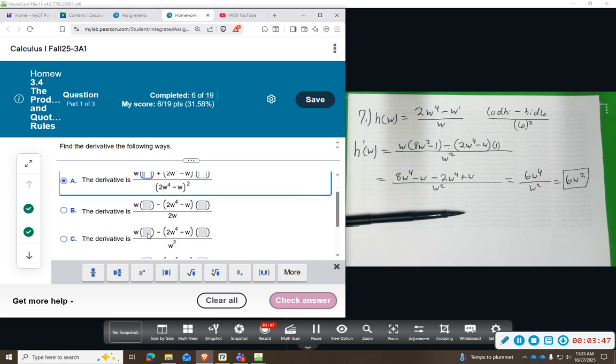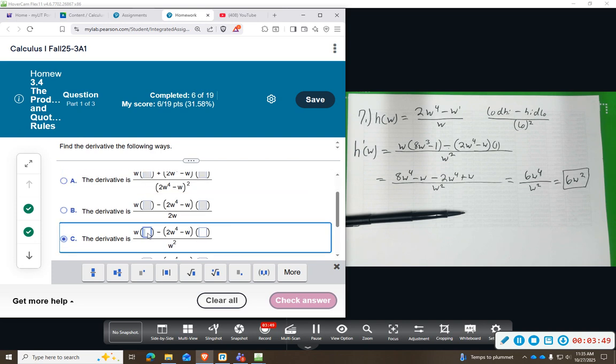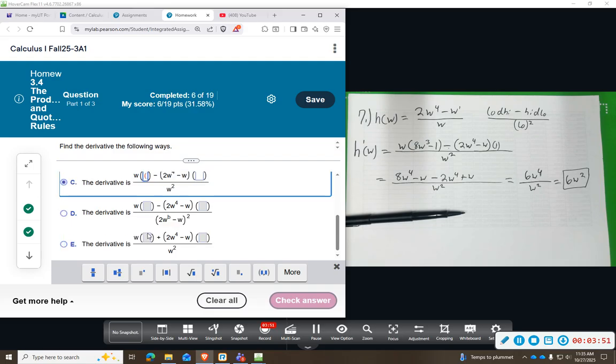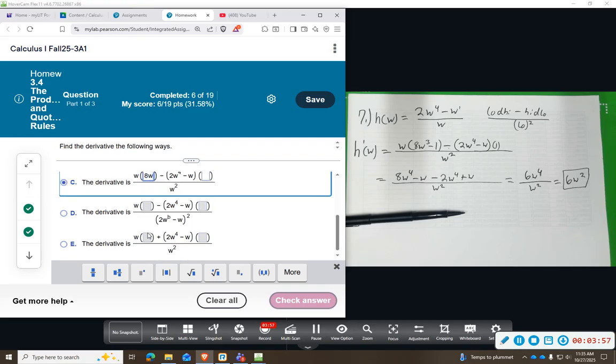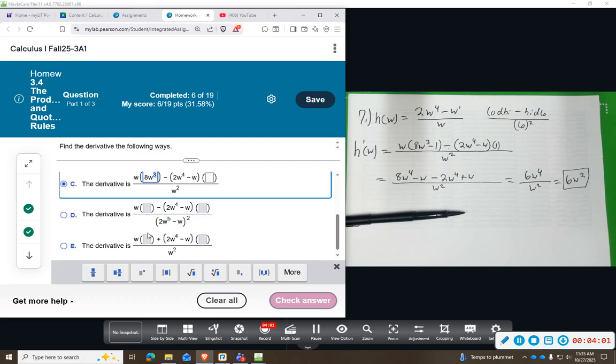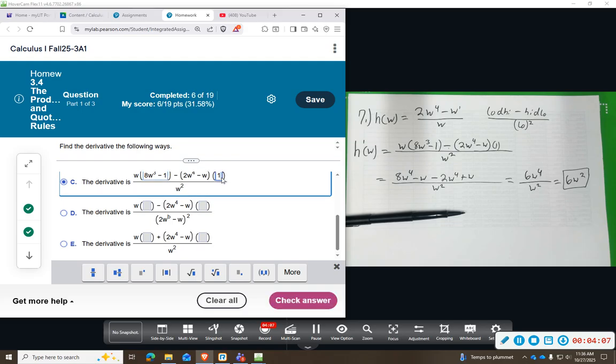Yeah. And I already got parentheses. So we're looking at 8w raised to the 3rd minus 1.